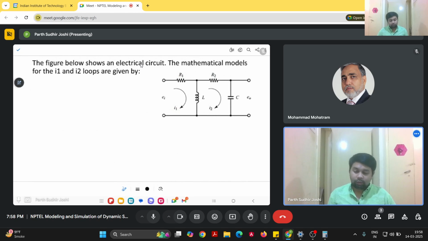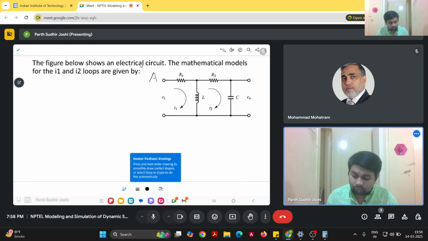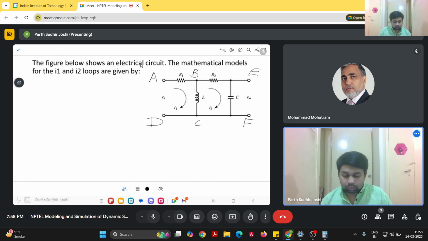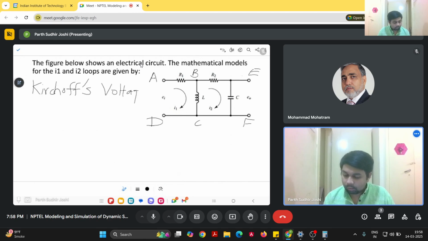Let us label them as A, B, C, D. So let us write down the equation for loop A, B, C, D.